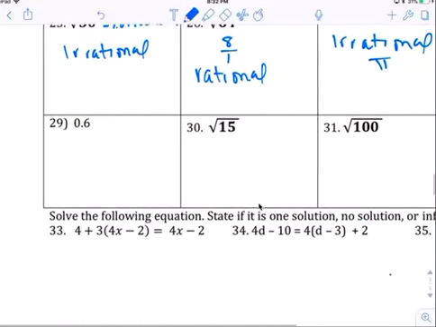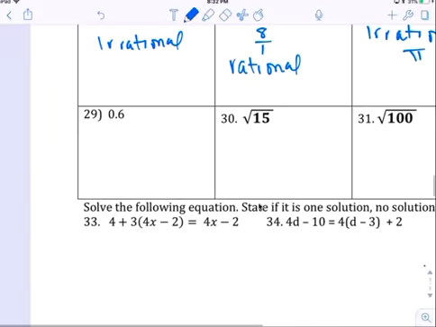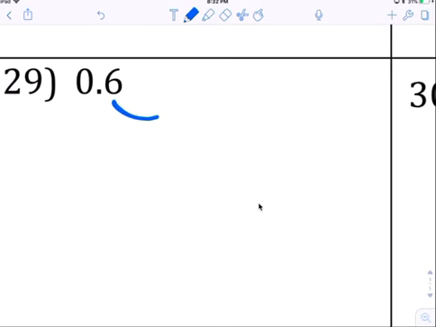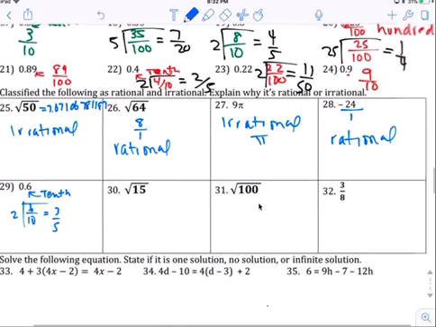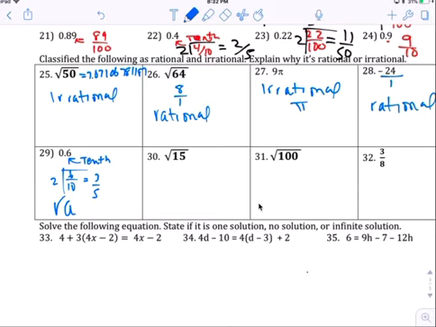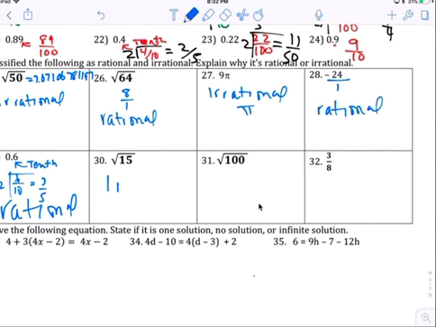Okay? So finish these. Now this can obviously be made into a fraction. This is the 10th place. 6 over 10 or reduced to 3 over 5. It's rational. Not a perfect square, so it's irrational.